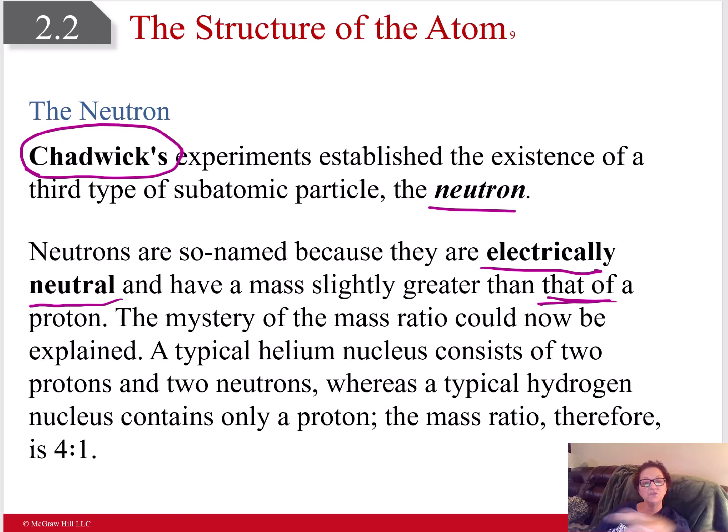The mass ratio being a little off in some of the previous experiments was explained by the fact that, in addition to having positively charged protons, you also had neutral neutrons. So the overall nucleus was positive, and it was negative outside where the electrons were.